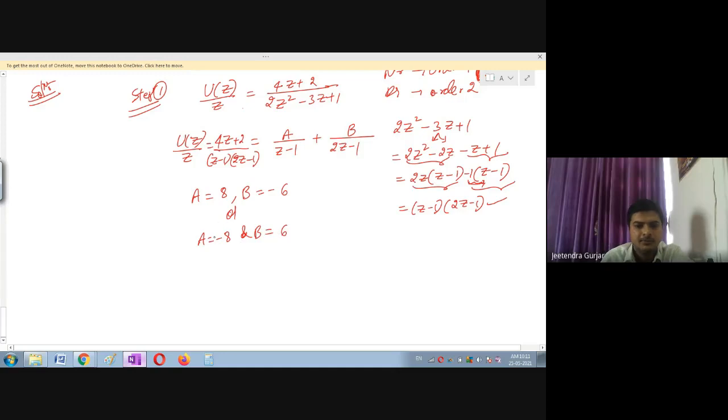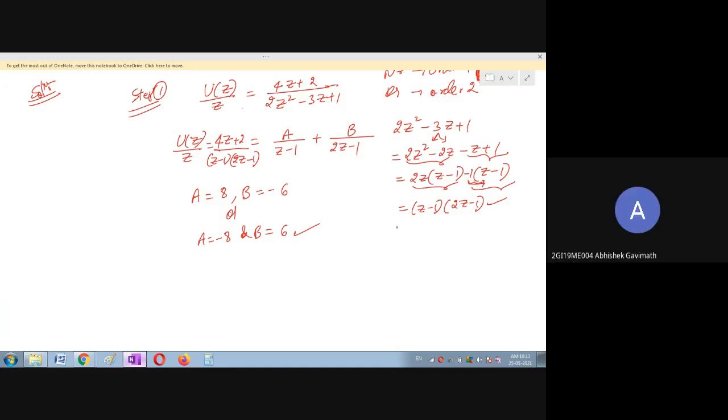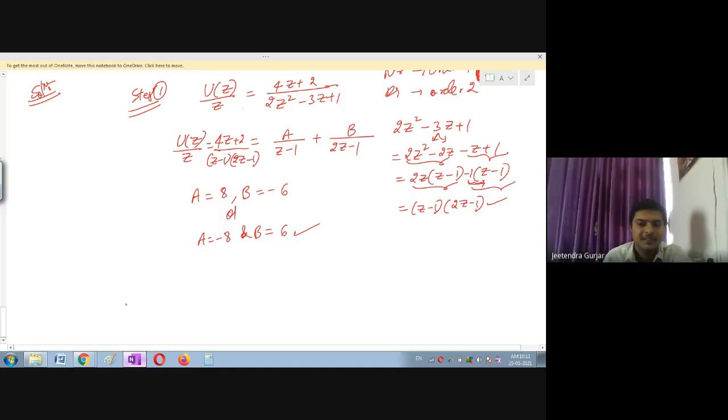Same, no problem. Just the minus sign will not matter much. So I will take A is equal to minus 8 and B is equal to 6. Yes, Fardin, beta, please check what answer you got. Yes, Gangadhar, yes, sir, it's correct. Okay, you have to reply, beta. Then I will be very happy that you are solving, and I will get confirmation.